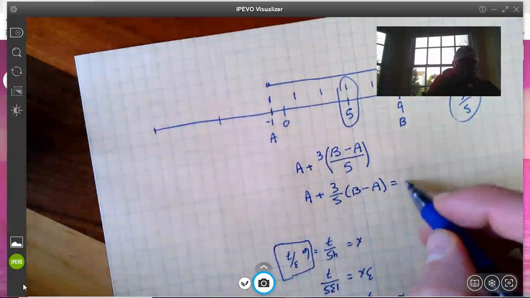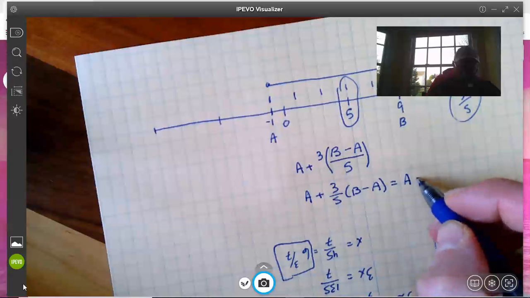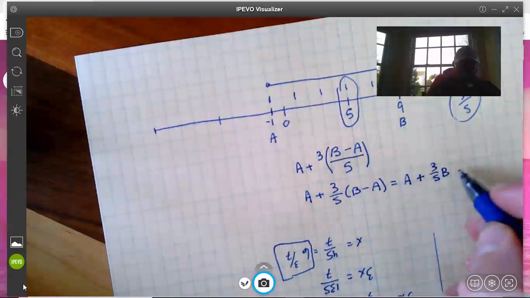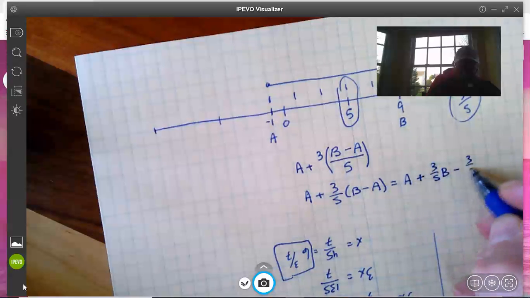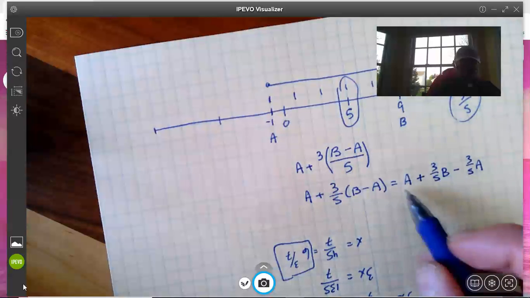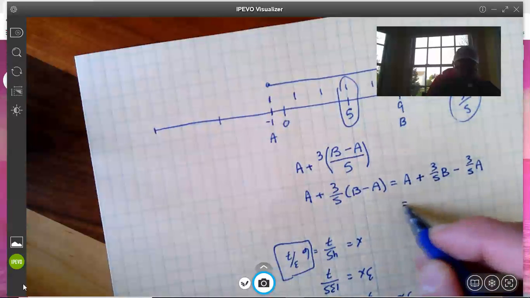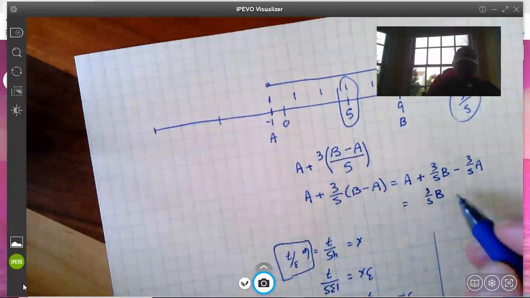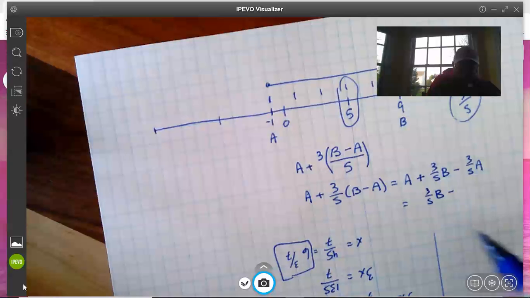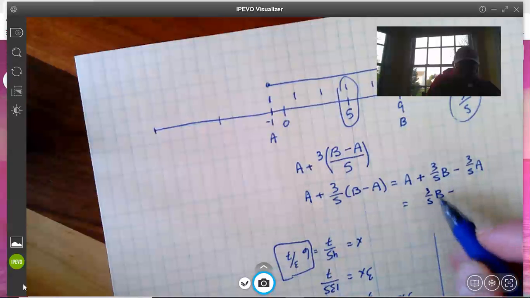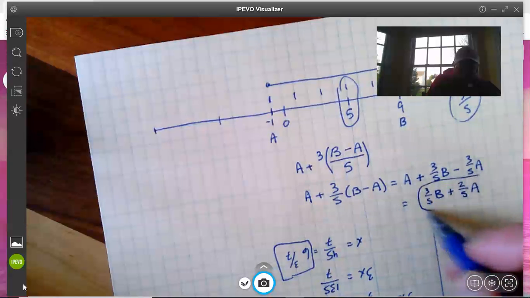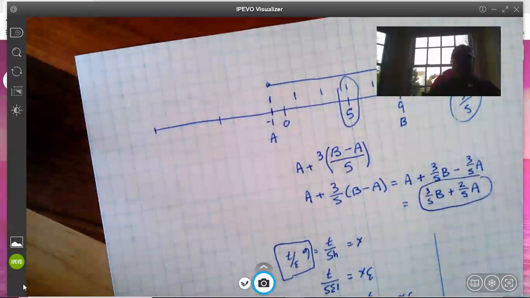We've got A plus 3/5 B minus 3/5 A. So A minus 3/5 A would be 2/5 A. So we have 3/5 B plus 2/5 A. So there we go. It's a slightly simpler formula.